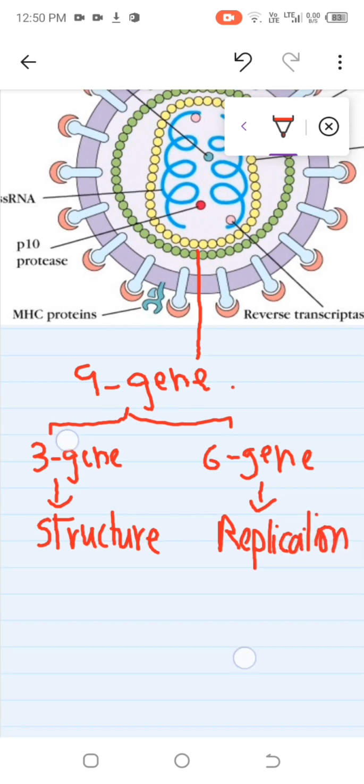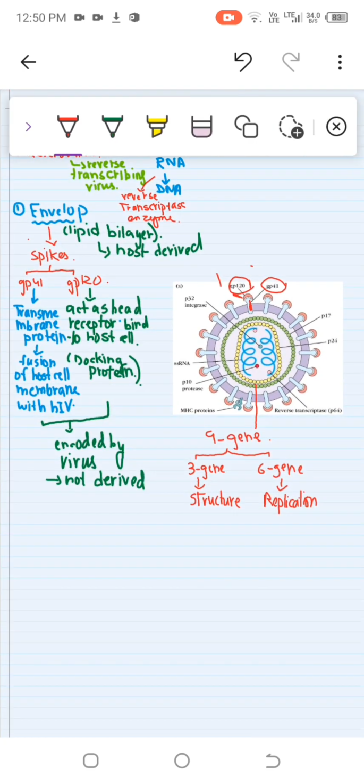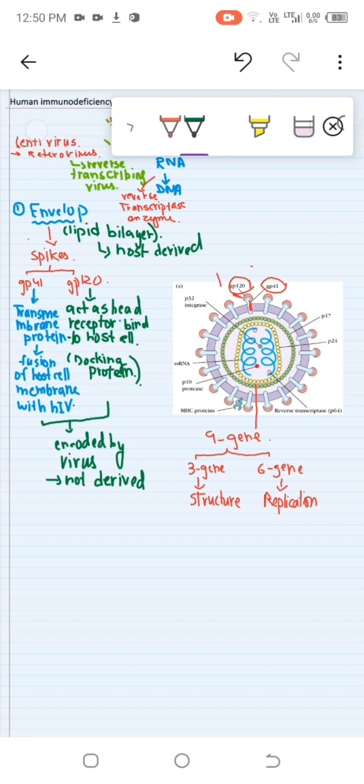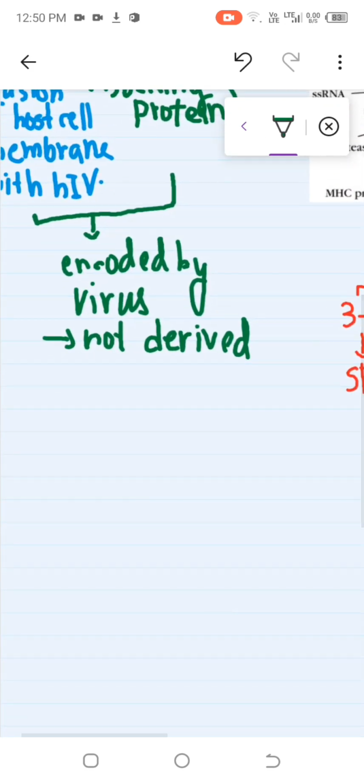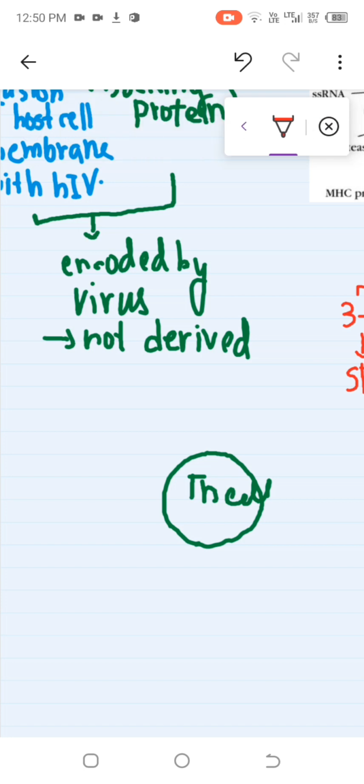Okay, so now let me give you a bit of concept of what HIV binds with. Here we have one T helper cell, and this is one spike of HIV, and here we have receptors.